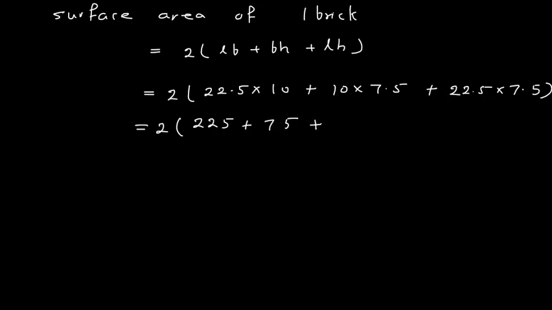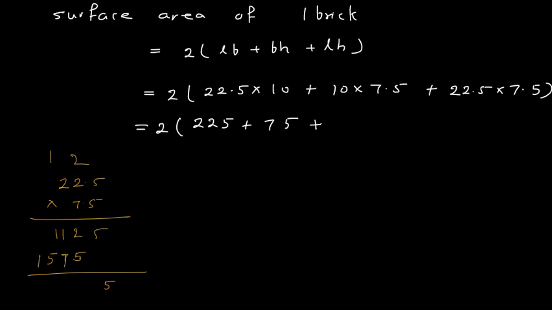Now 22.5 into 7.5, you have to do some rough calculation. 22.5 into 7.5. So 5 5 is 25, 2, 5 twos are 10 plus 2, 12, 1, 5 twos are 10 plus 1, 11. Then 7 5 is 35, 3 carry, 7 twos are 14, 14 plus 3, 17, 1 carry, 7 twos are 14 plus 1, 15.